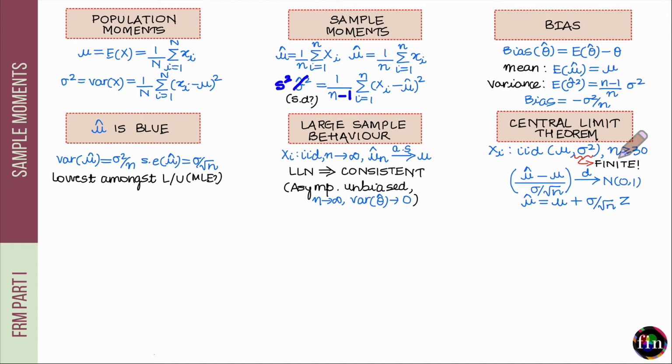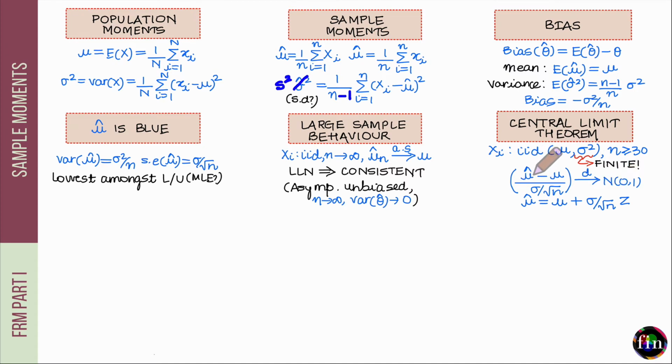If these conditions are satisfied, central limit theorem tells us that the distribution of this standardized variable, which we have created by taking our mu hat, subtracting from it its expected value, which we know is mu, and dividing the difference by the standard error of mu hat, which is sigma over square root of n, this standardized variable converges as far as its distribution is concerned to the standard normal distribution.